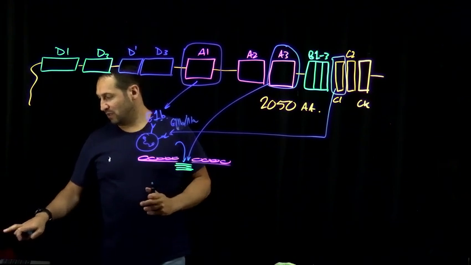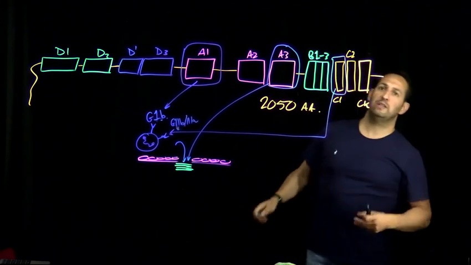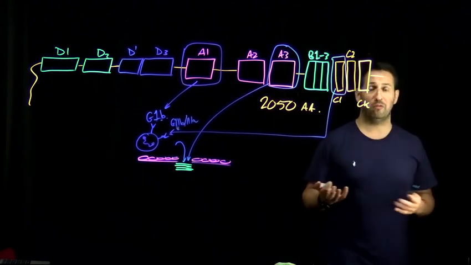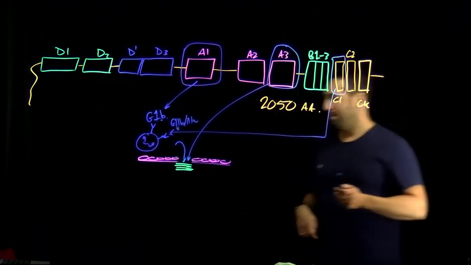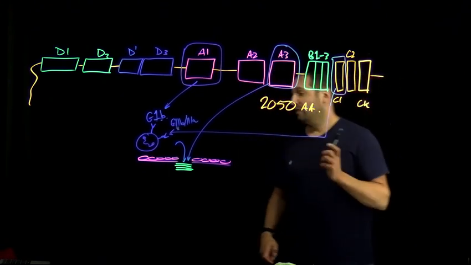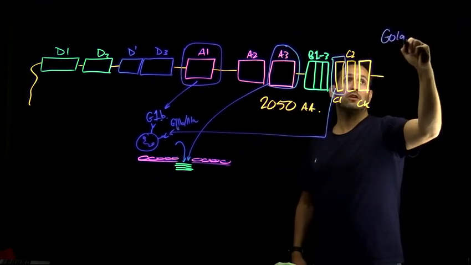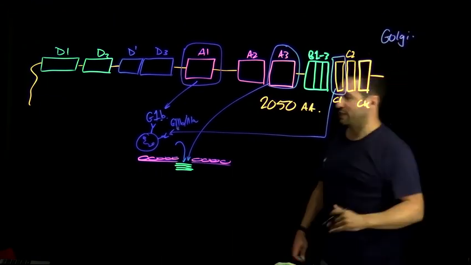So, I suppose the next question is, where does this von Willebrand factor thing come from? And the answer is that it's formed within the Golgi, like most things are.